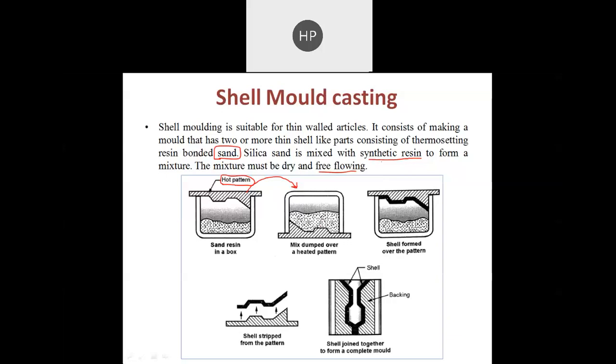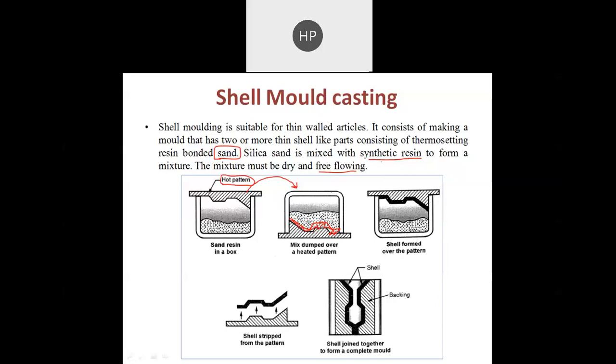And due to that heat, the resin will set. Some portion of the resin will set because of the heat. So suppose this is the portion up to which the sand and resin will set, all over the surface of the pattern.